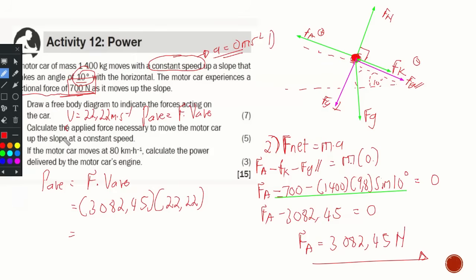This is going to give us 68,492.039, which can be rounded off to 2 decimal places. Okay, so let us confirm: 3082.45 multiplied by 22.22. Yes, and then we are going to say watts.